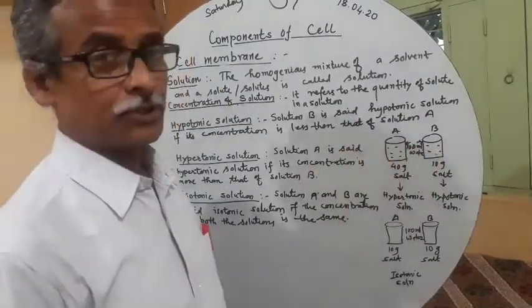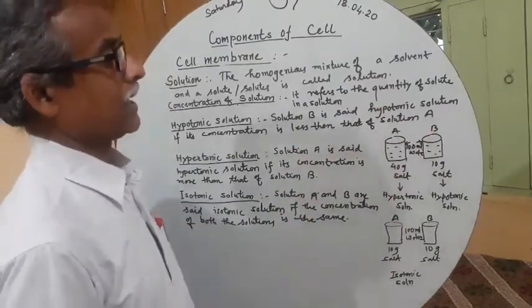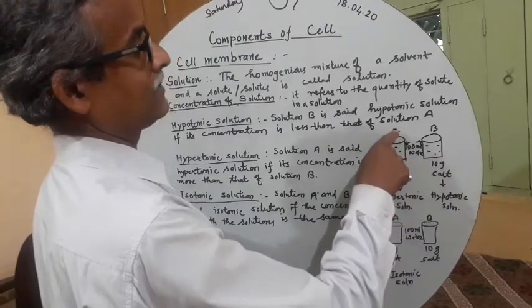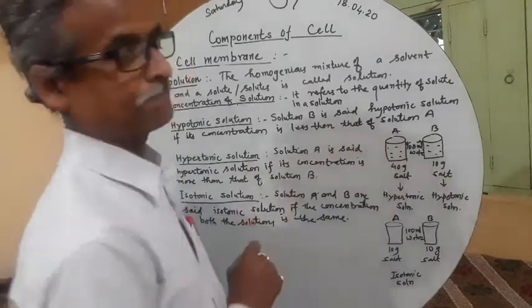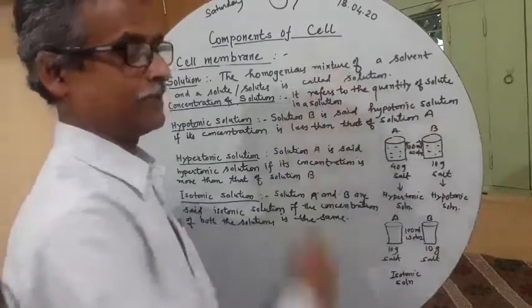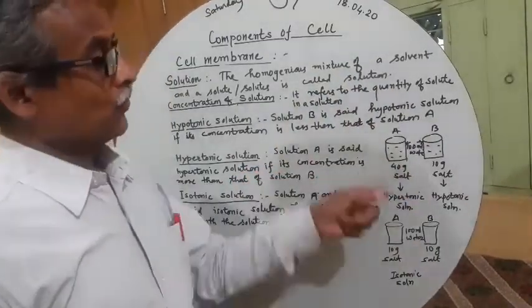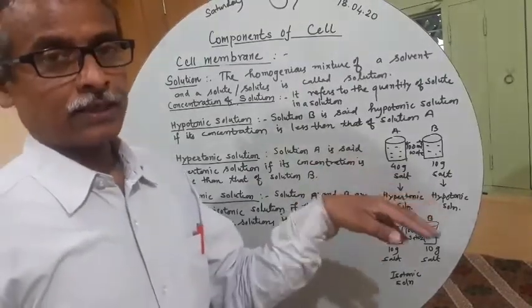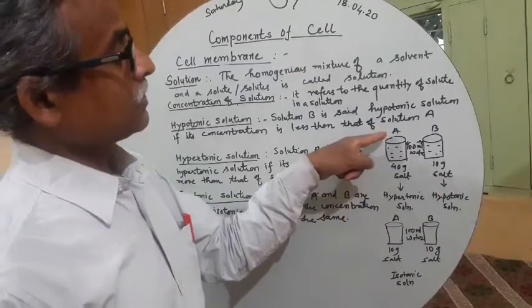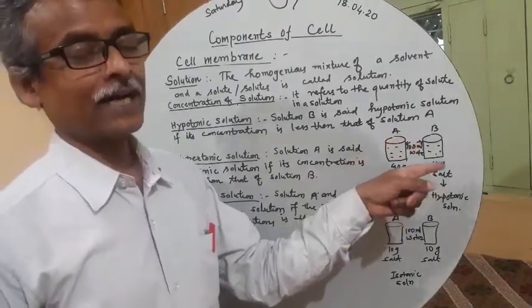Both are homogeneous mixtures, both are solutions of salt in water, but as dissolved solute salt is more in solution A, its concentration is more than that of solution B. We are comparing them. One is hypertonic solution, the other is hypotonic solution. Solution A is hypertonic solution and solution B is hypotonic solution.